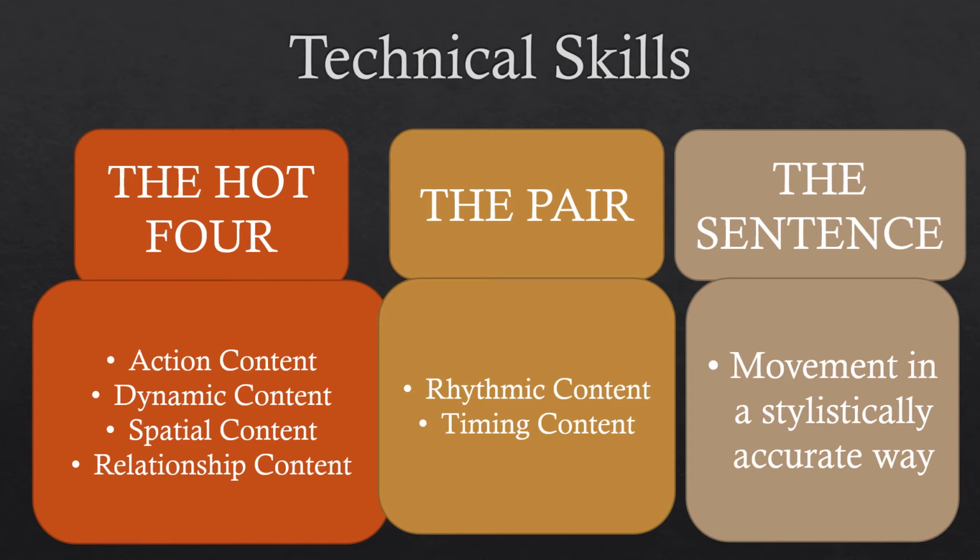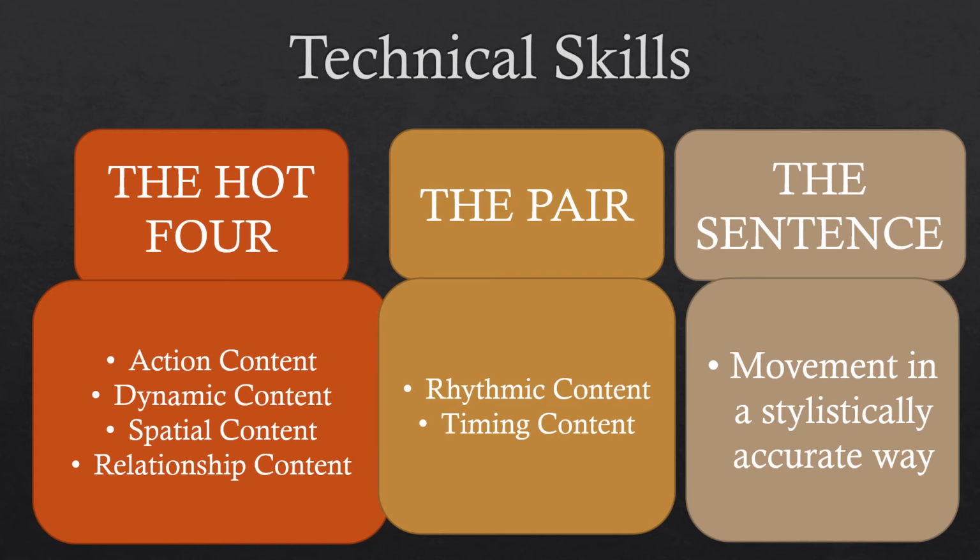So I just say the hot 4, the pair, and the sentence. So the hot 4: action, space, dynamics, relationships. We know those 4. We use those 4 all throughout Key Stage 3. So those are clumped together as the hot 4. Then we have the pair, so the last lesson, which was rhythmic and timing content. As we know, timing and rhythm go well together. They are linked. So we call those the pair.